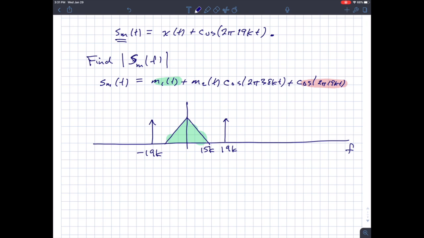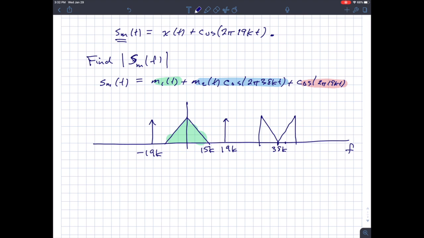And then finally, let's switch to a different color. Let's go blue. This term, M2, that's the adjacent wedges. That would be centered at 38K, so 19 times 2. Getting the scale approximately right, it's not exactly right, but I would have these wedges. This is 38K.